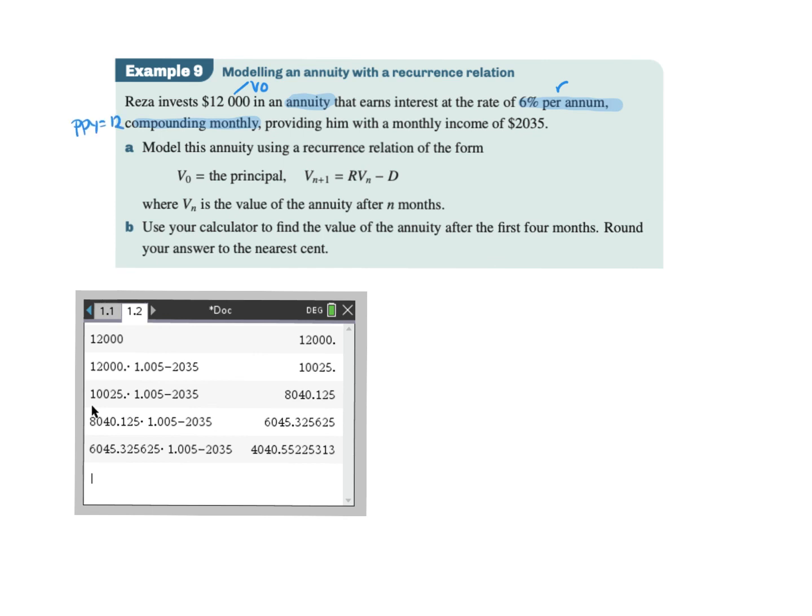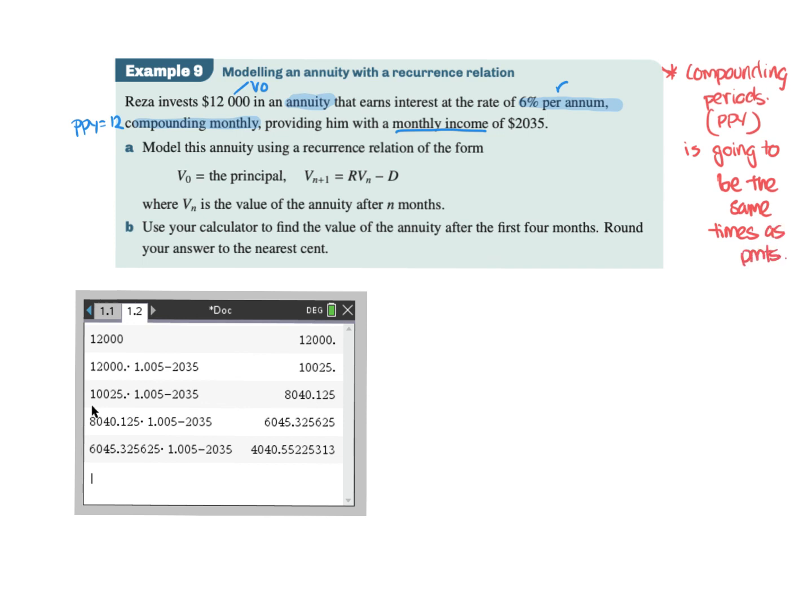And providing a monthly income. So your income, your payments and your compounding period are always going to be equal. So we never do anything different. If you want to write a note: your compounding periods, meaning your PPY, if it was monthly, is going to be the same as your payments.